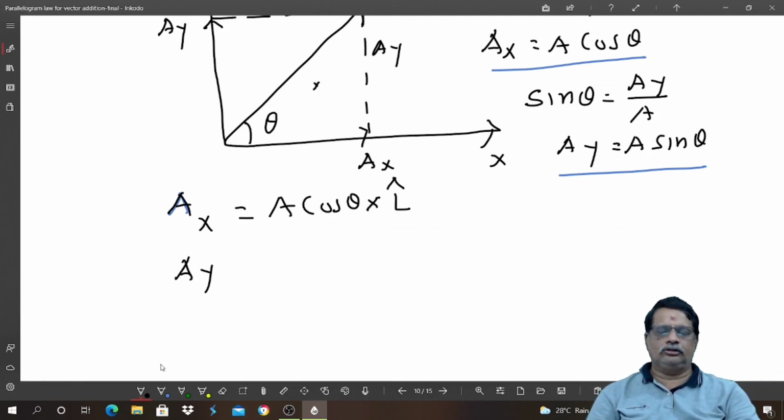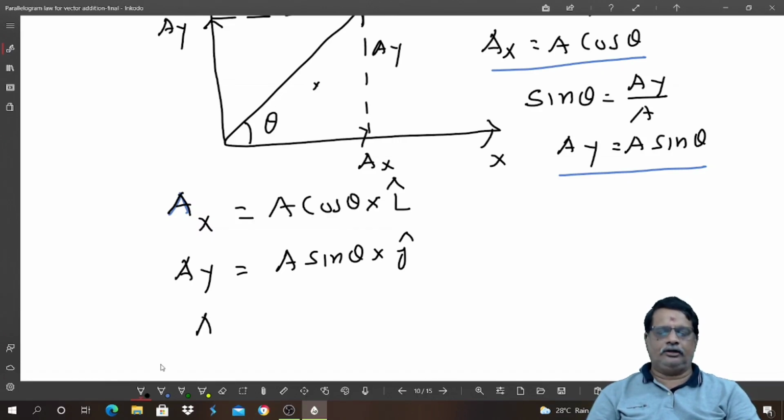Similarly, along the y-axis, you have a unit vector which is given by j cap. Multiplying a cos theta with i cap and a sin theta with j cap does not change their magnitudes. Nothing has changed as far as the magnitudes of a cos theta and a sin theta are concerned, but we have given them a direction.